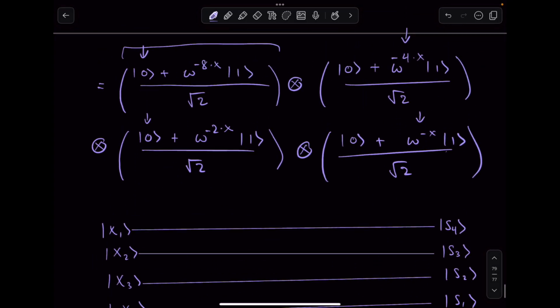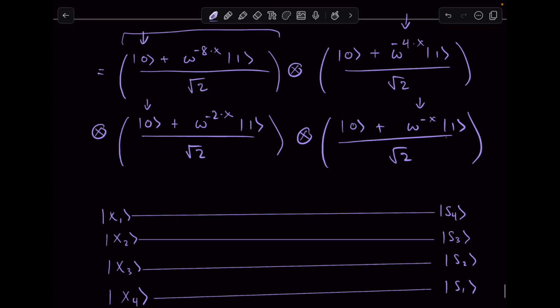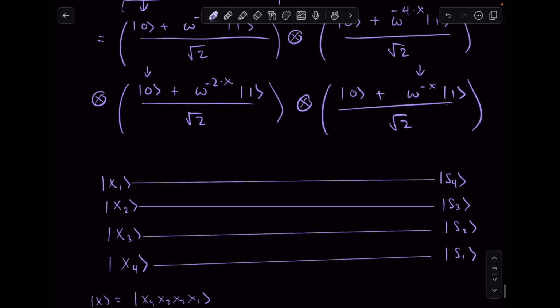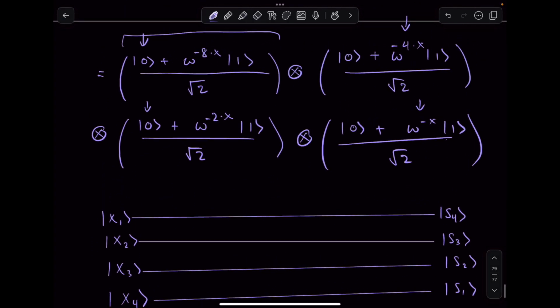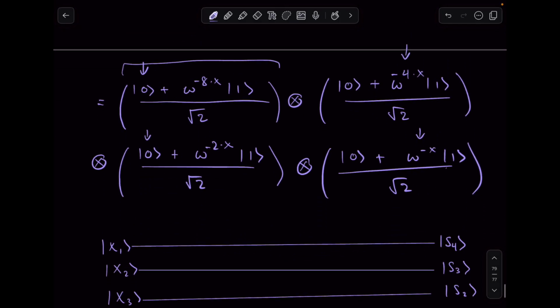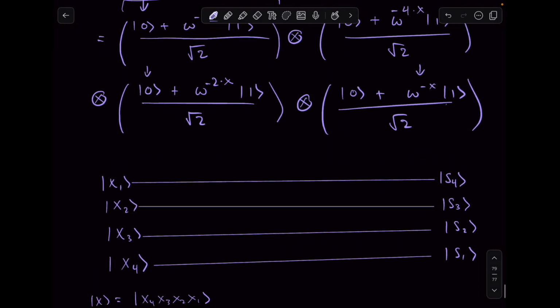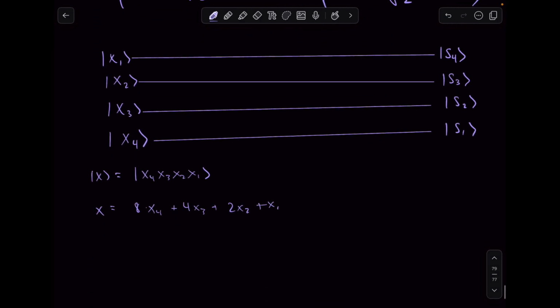And we want to take X1 and put it into a superposition where the phase on the 1 state is the root of unity to the power of minus 8 times X. So we need to account for what value of X we have here.